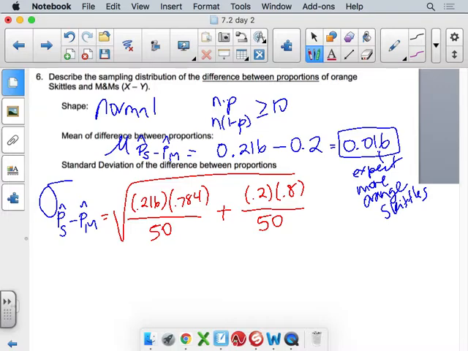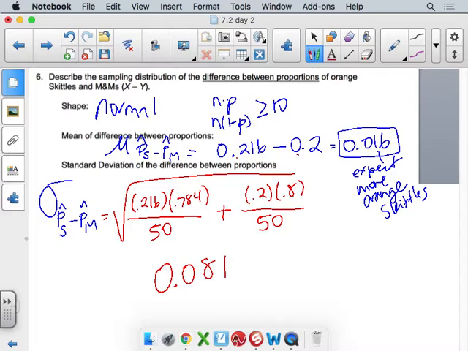Just plug in what you got. So you got your p, what we're assuming. So we assumed from our Google search that the companies are claiming those. You type those in your calculator, and I got 0.081, so I'll just go 0.081 is our standard deviation.